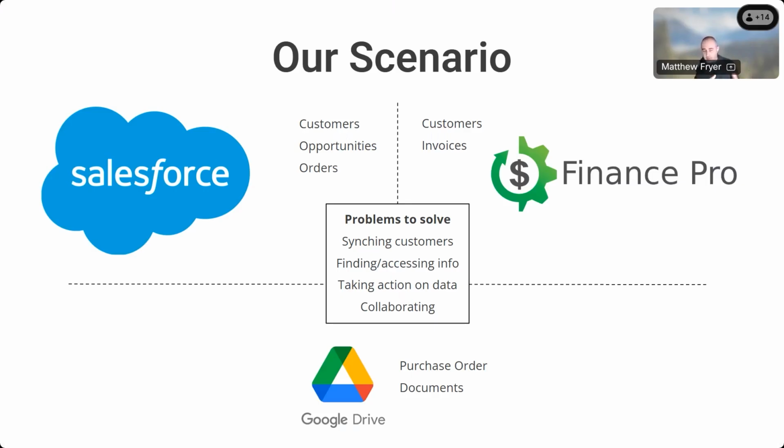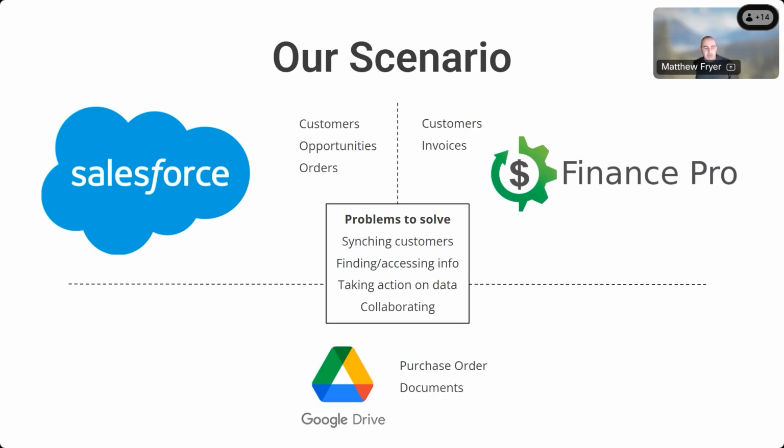But this is a very simple process, and as the data and the stats that Dimitri looked at about the fact that businesses have well over 100 applications, clearly even an ERP system doesn't solve all of those problems. And so there's plenty of scenarios like this in a business, even when they do have an ERP system, where there's still other systems outside of that world, other silos of data that we need to try and bring together.